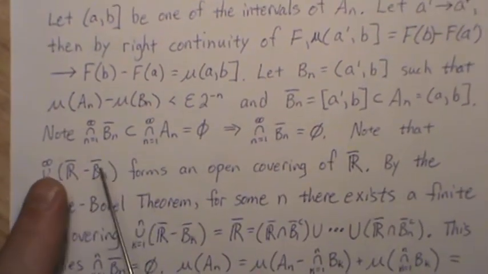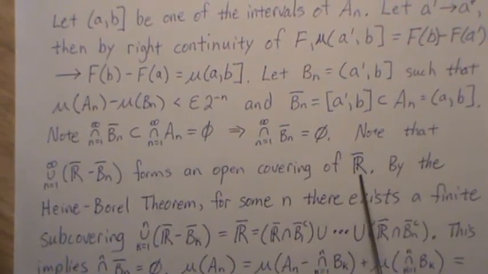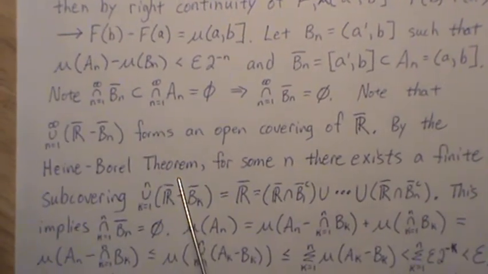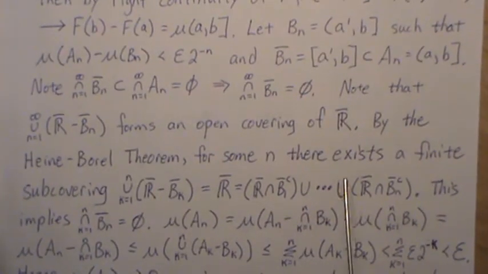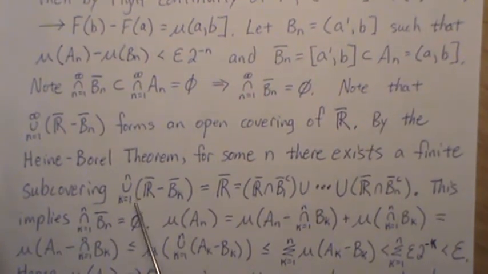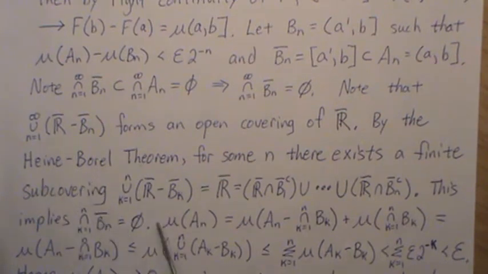So these eventually cover the extended real numbers. But by the Heine-Borel theorem, for some n, there exists a finite subcovering. So at some point, we can stop and say this covers it, and that's by the Heine-Borel theorem.